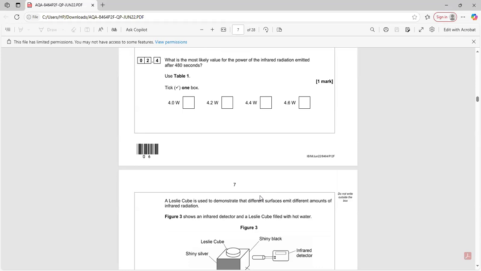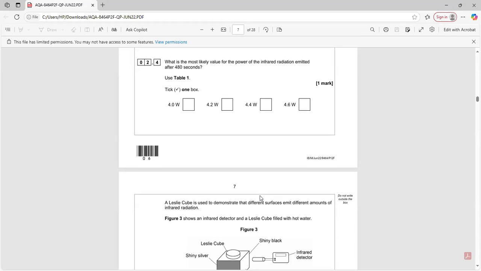What is the most likely value for the power of the infrared radiation emitted after 480 seconds? So power is, okay, let's look at the table.